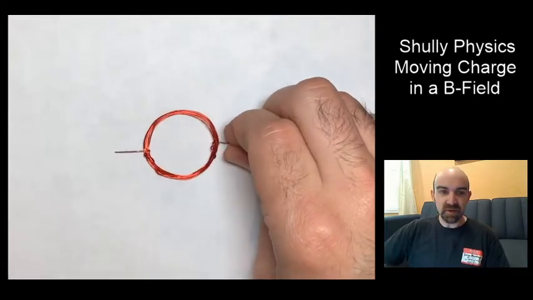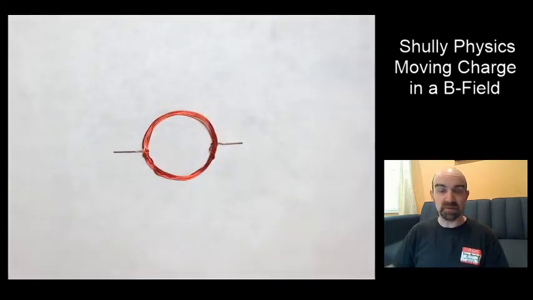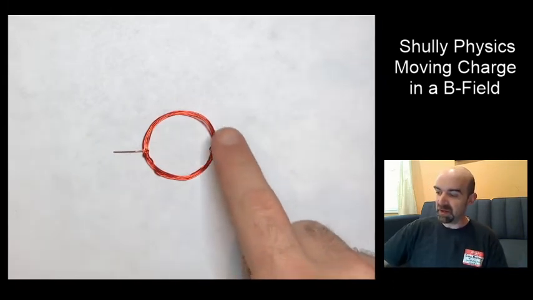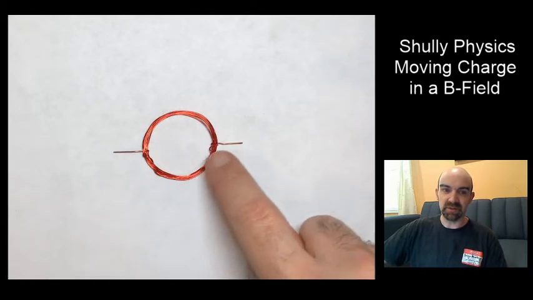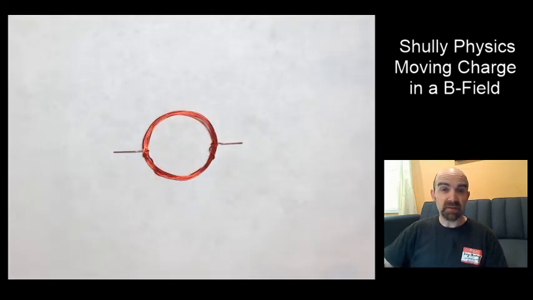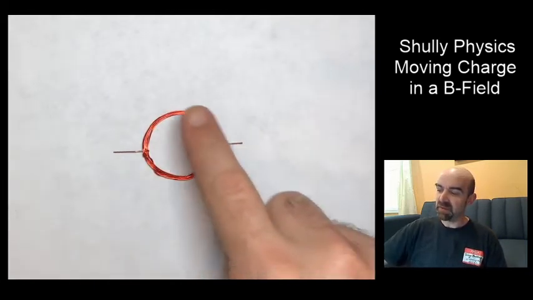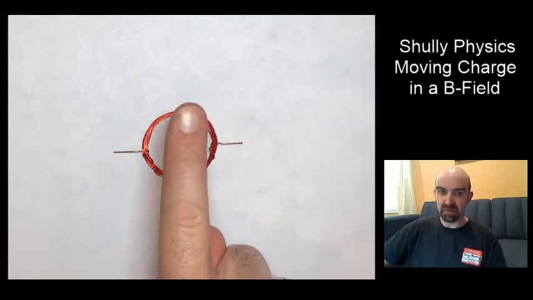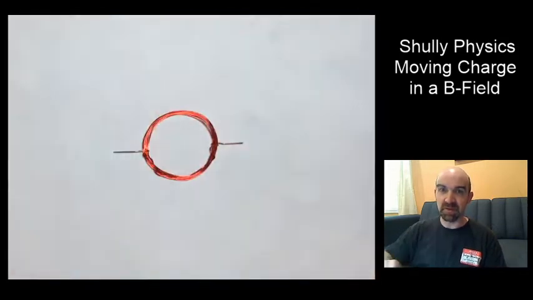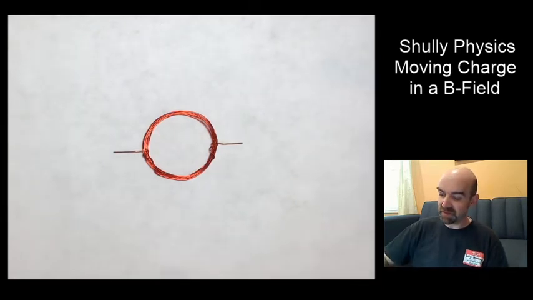Let's say I hook up the two ends of this coil to a battery, and we would have current flowing in the counterclockwise direction. That would create a magnetic field, which we're going to learn about later. So what if I pass a charge, let's say a proton, in this direction, right by that magnetic field? What would happen to it? That's what we're going to answer in today's lesson.